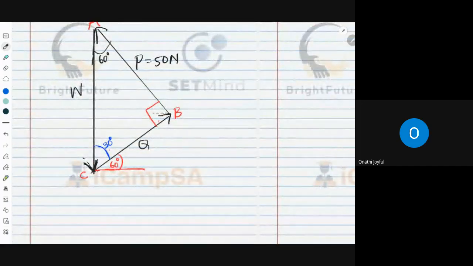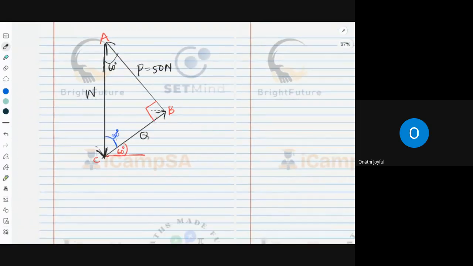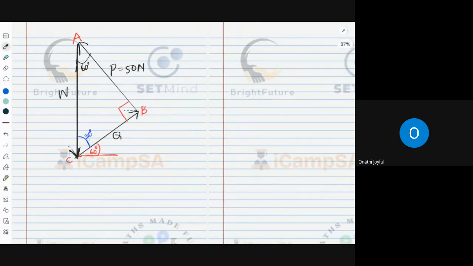If you remember, what I said is math or mathematics will always come in handy. So here, if you want, you can use what's called the sine rule, because you have one side and you know most of the angles and you are looking for this side. Or you can use trig ratios.